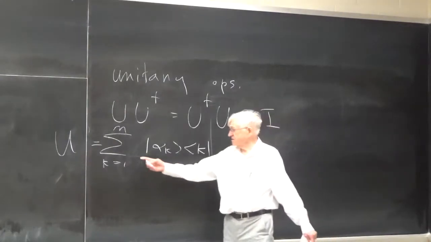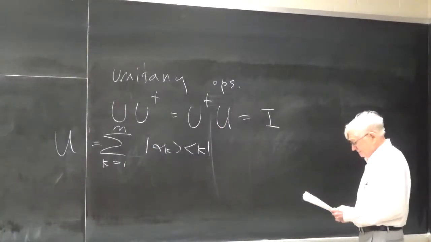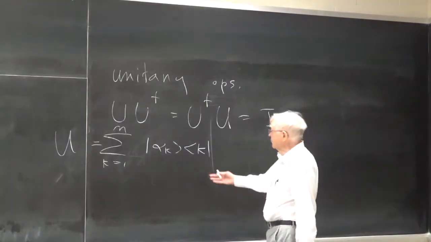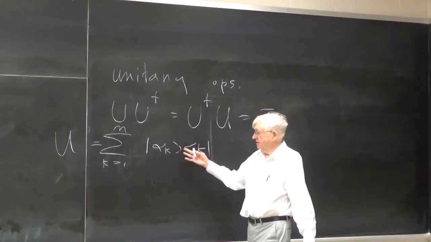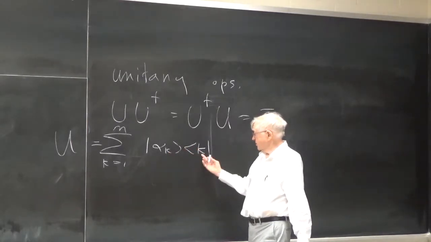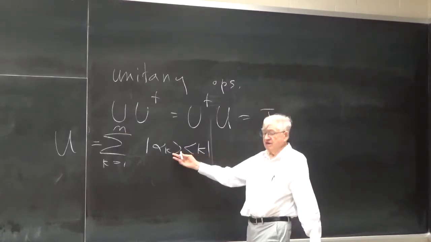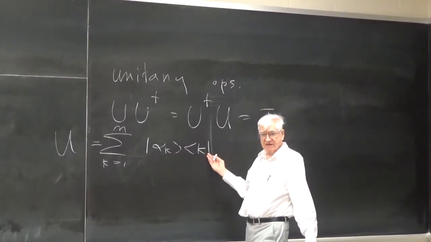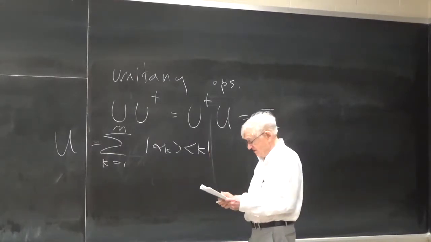So in that case, the sum is actually an integral. Let's see why this operator is unitary as long as the sum over k is over two sets of complete orthonormal states. In other words, two bases.